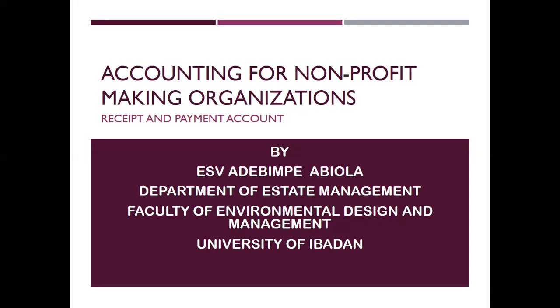ESM 106 lecture 2. As I said two weeks ago, we are going to be looking into accounting for non-profit making organizations. In this accounting line, basically what we are going to be looking at is the receipt and payment account.